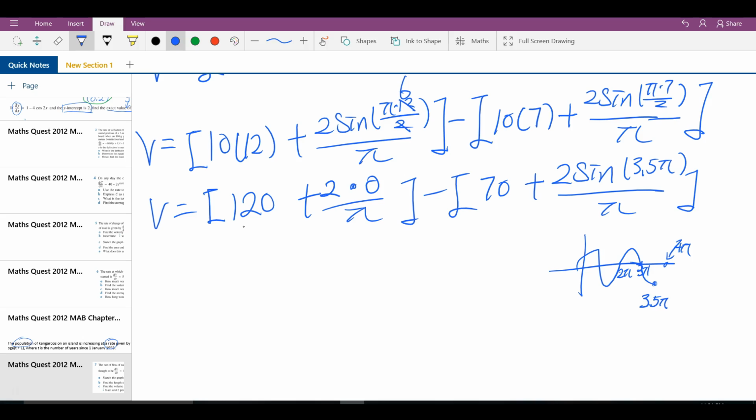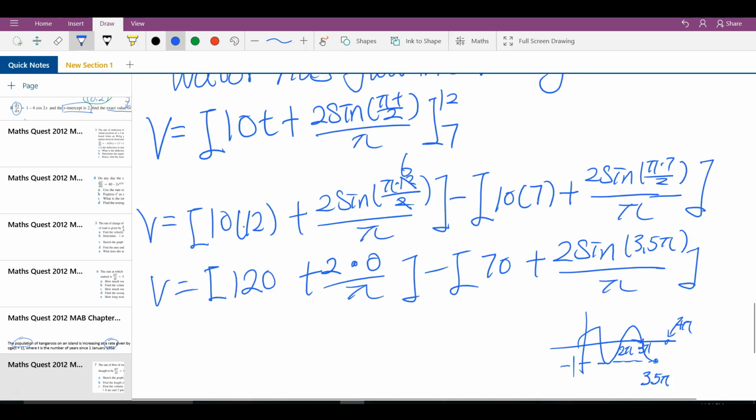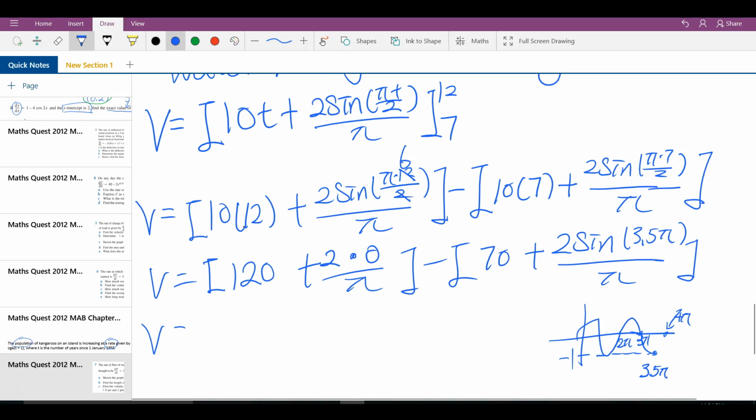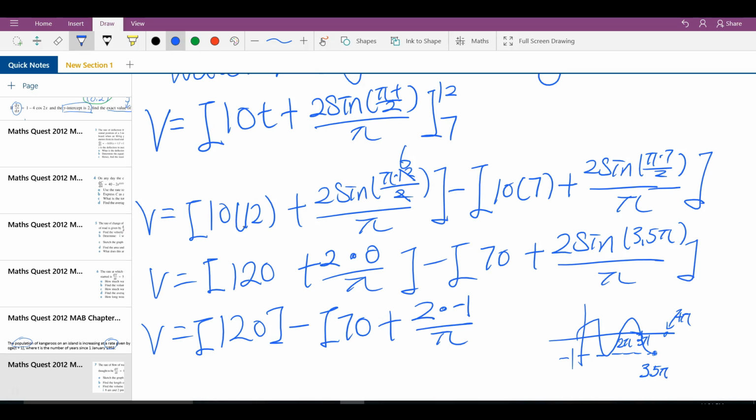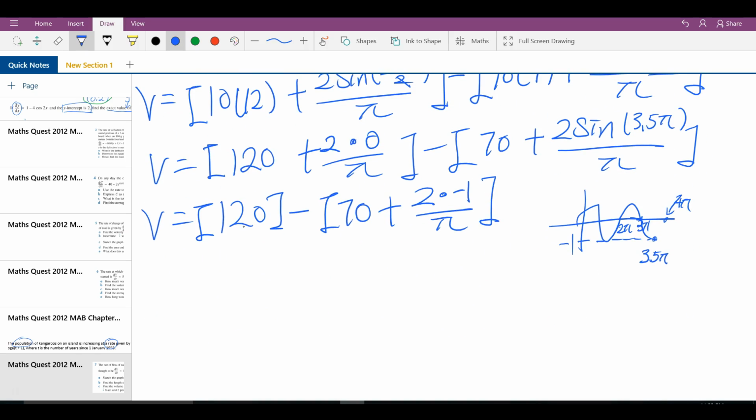So 3.5 pi will have a sine value of -1. So they will give us 120 minus 70 plus 2 times -1, over pi. That will give us V equal to 120 minus 70 minus 2 over pi.